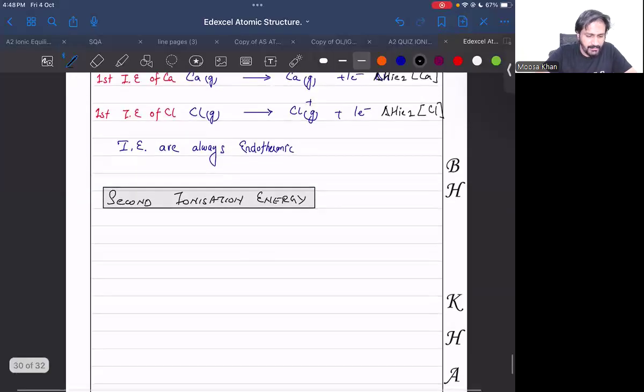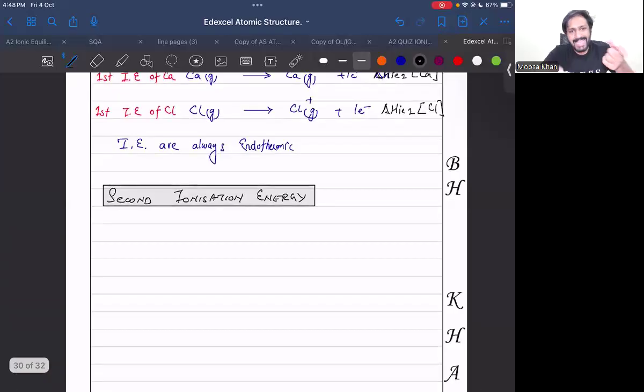Second ionization energy would be when you are going to remove the second mole of electrons from the same gaseous species. Once you have removed 1 mole of electrons from a particular gaseous atom, you are left with gaseous positive 1 ion. But now when you are going to remove the second mole of electrons, you will be left with gaseous positive 2 ions.